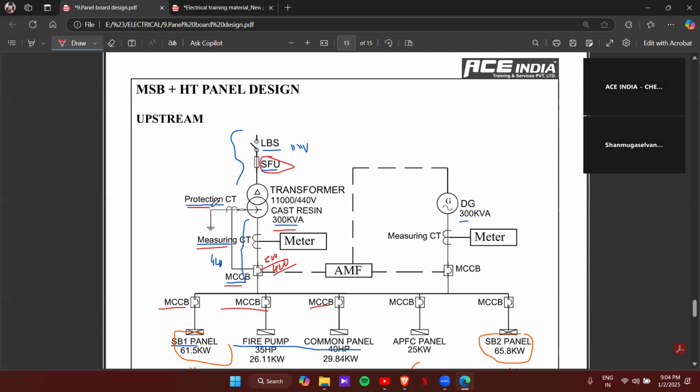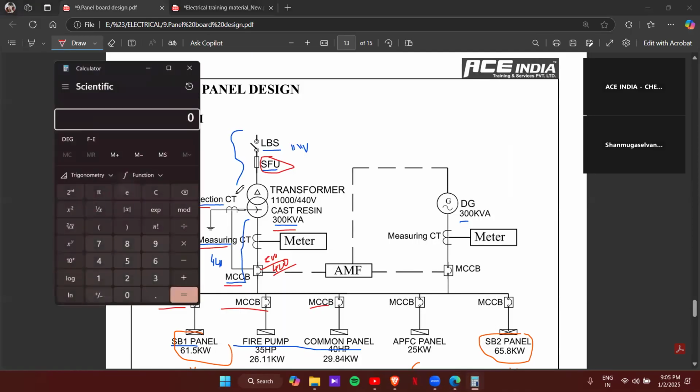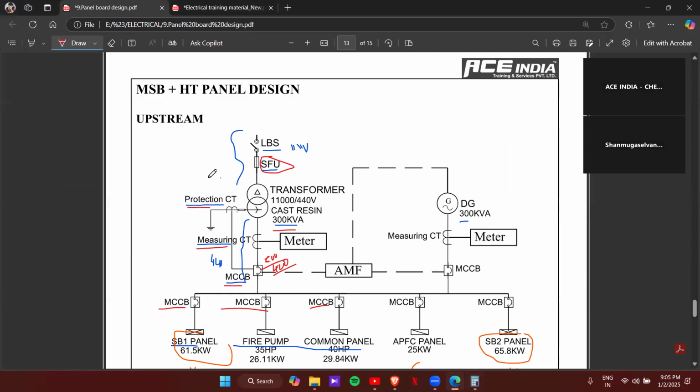On the earthing side, we will take 1/5 of the set current. Okay, so 1/5 means 420 divided by 5 will be 84. So 84 is 1/5 of the current.